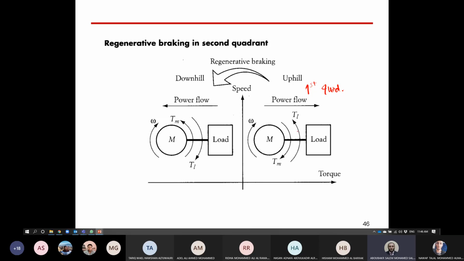All the time, load torque is opposite to the motor torque direction. However, when we work in regenerative braking mode, you will find that the load torque is reversed and the motor torque is reversed as well. Why? In order to operate the machine in regenerative braking. However, the speed will be in the positive direction as it is.